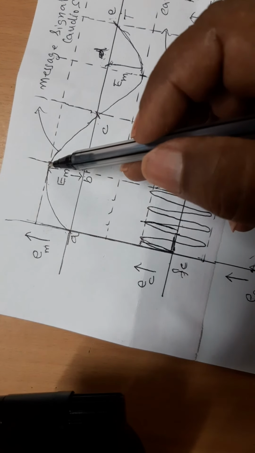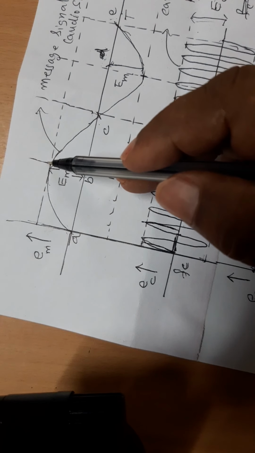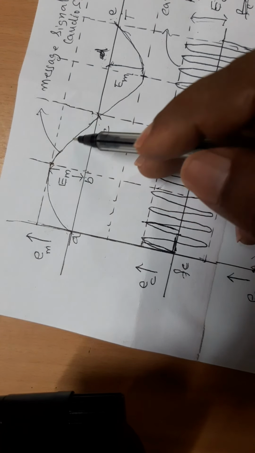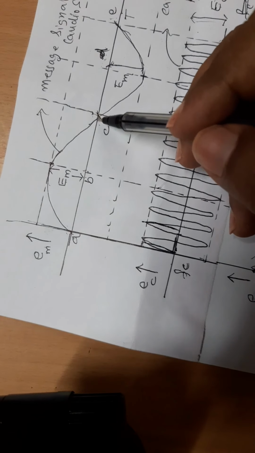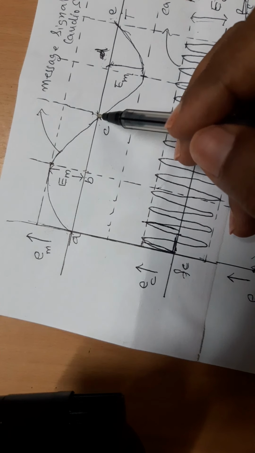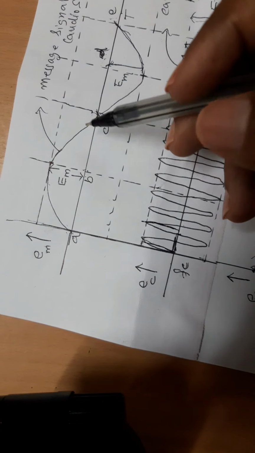The resultant frequency at this maximum peak value is maximum, and again it decreases from maximum to the normal carrier frequency Fc because the amplitude is 0. The frequency after modulation is the same as before modulation, that is Fc.